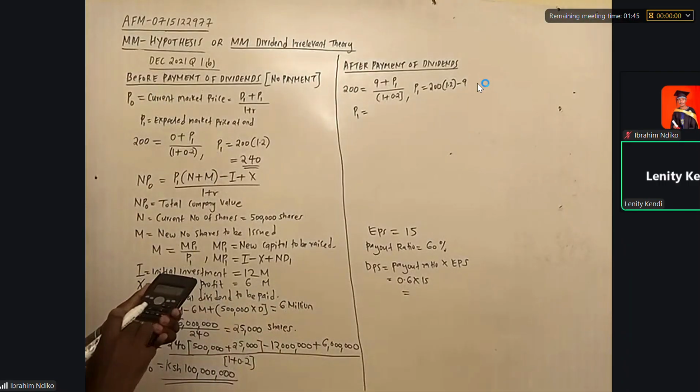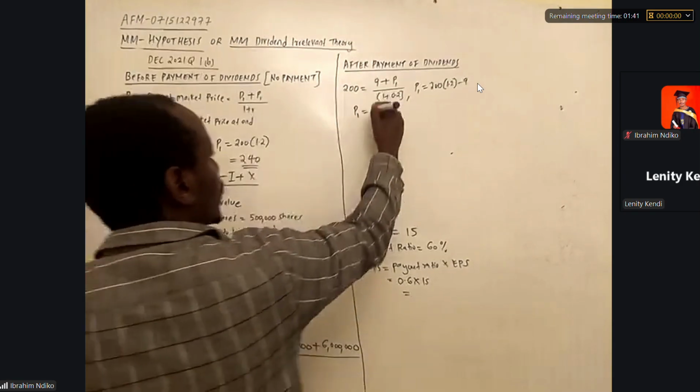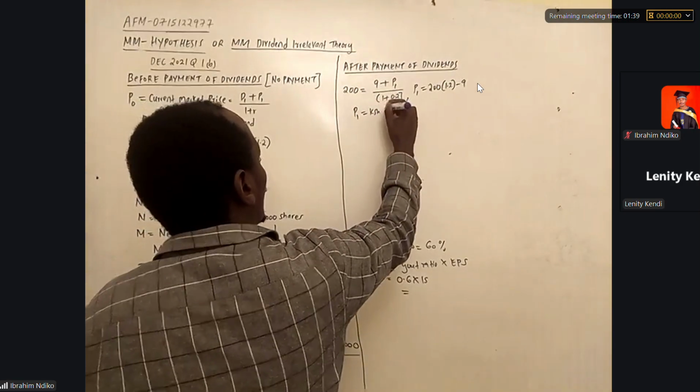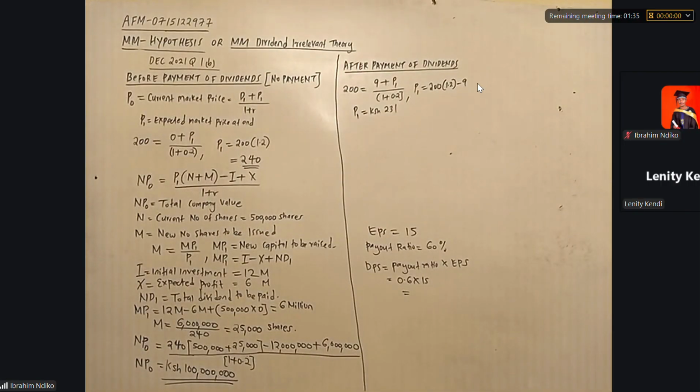So 200 times 1.2 minus 9. So Kenya shillings 231. Is that correct? Are you getting that? Yes.